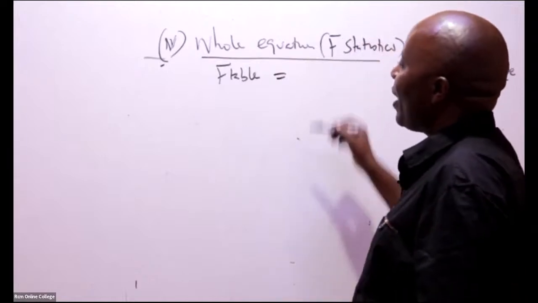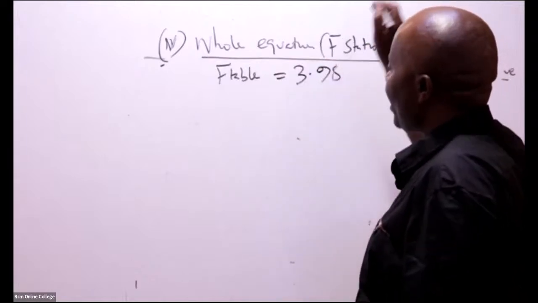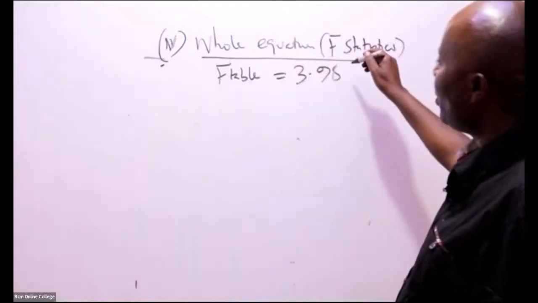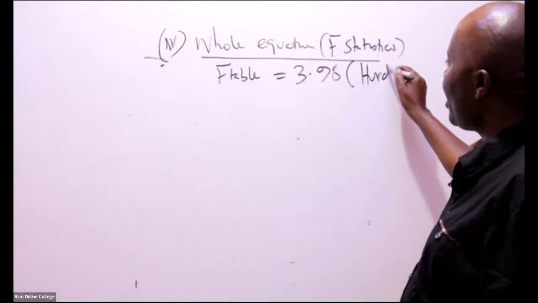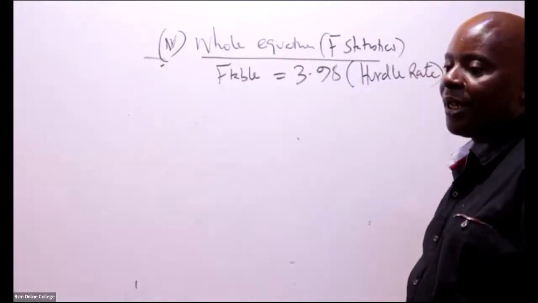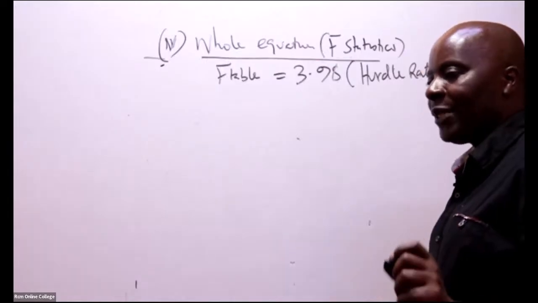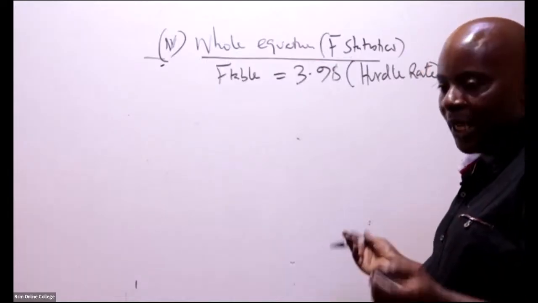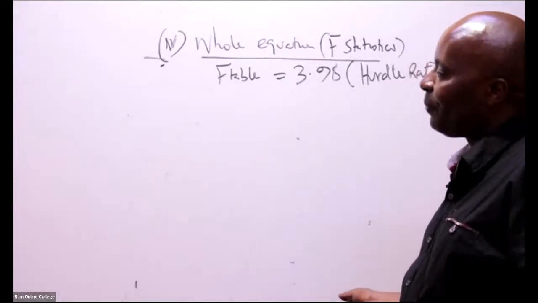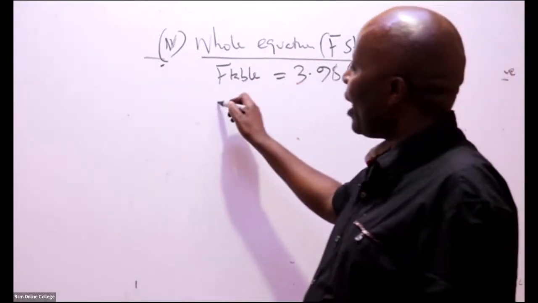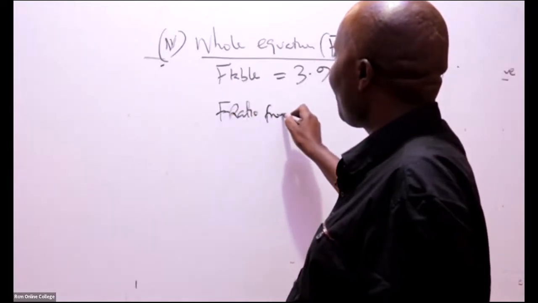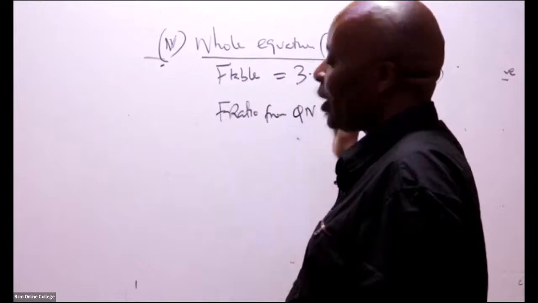This has been given in the question, it's 3.98. Remember this is the hurdle rate. Should we get an F that is bigger than this, then we are safe. We are significant. We are big enough. So then you go to the F ratio from the question. We see how big is it or how small is it?